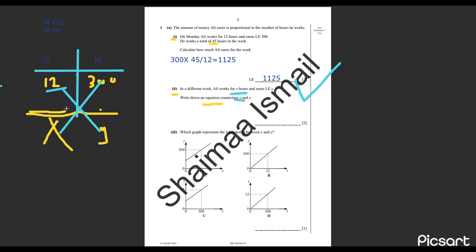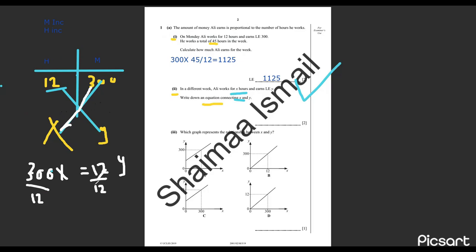To get an equation connecting X and Y, divide both sides by 12 to get the 12 away from the Y. So 300 divided by 12 is 25. Final answer: Y equals 25X.